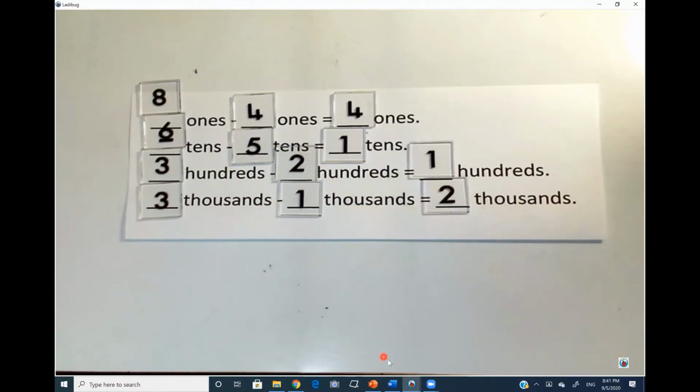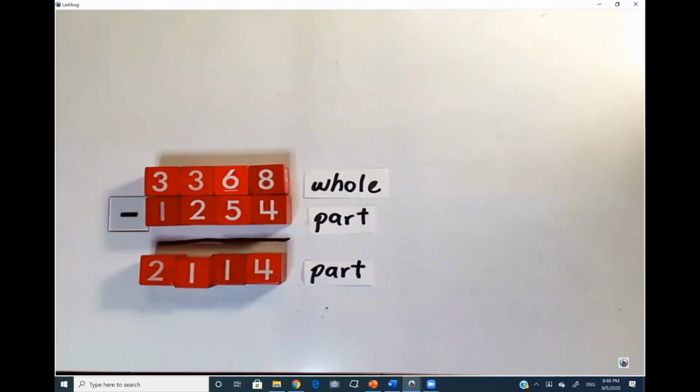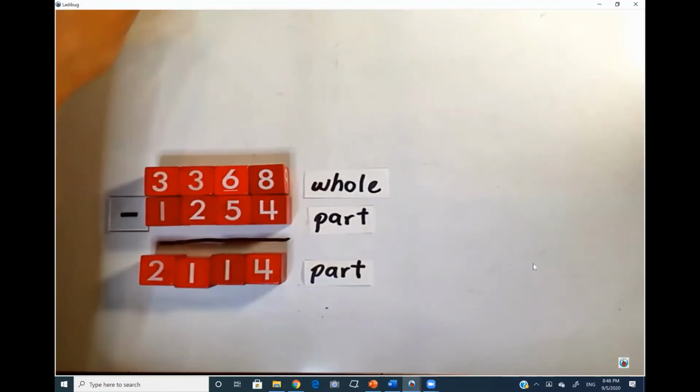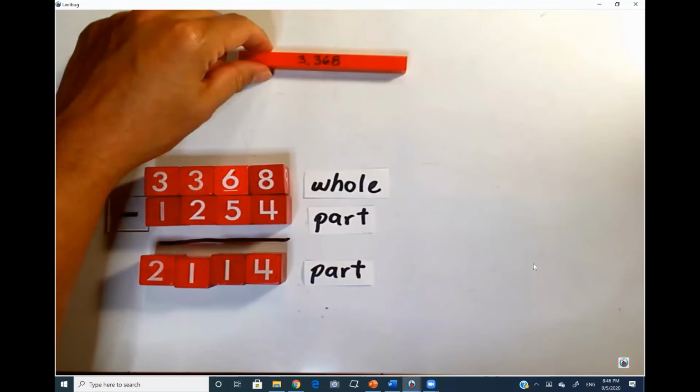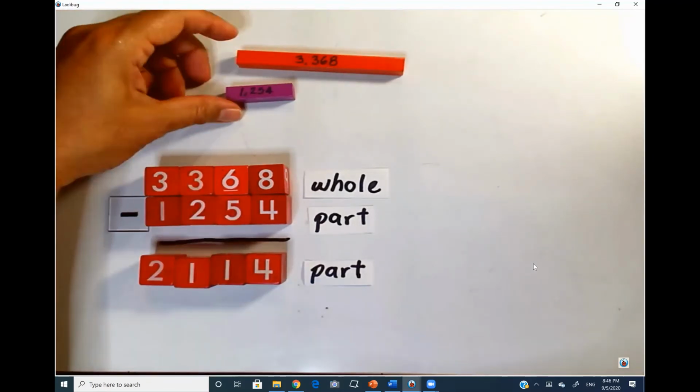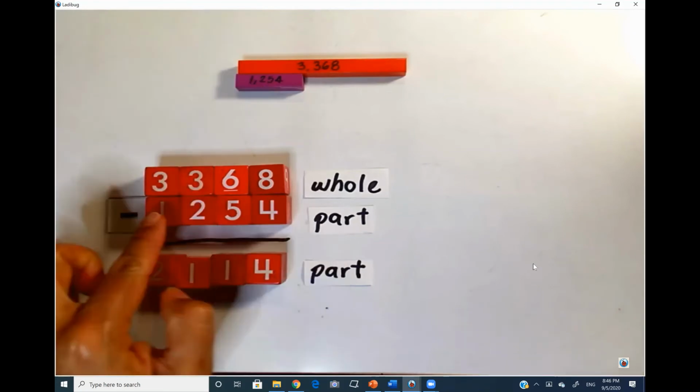Now let's see how we can check the answer of our problem. To check the answer, we need to remember that the whole is 3,368. That's the minuend. And then the part that Sophia had is 1,254. That's the subtrahend.